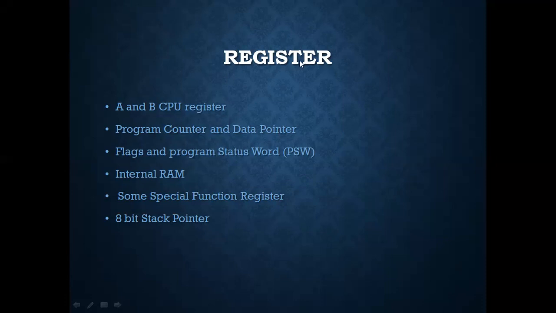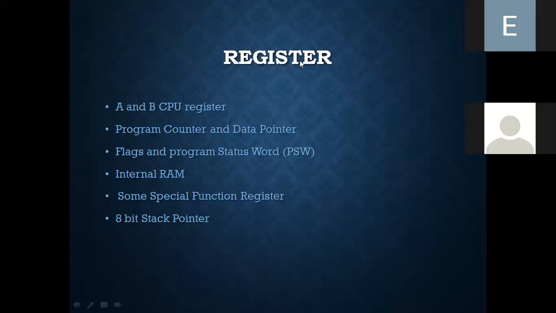Okay, so we'll resume. Here, as I was saying, the A and B CPU registers are there. The A register acts as the accumulator, and the B register has some dedicated job.